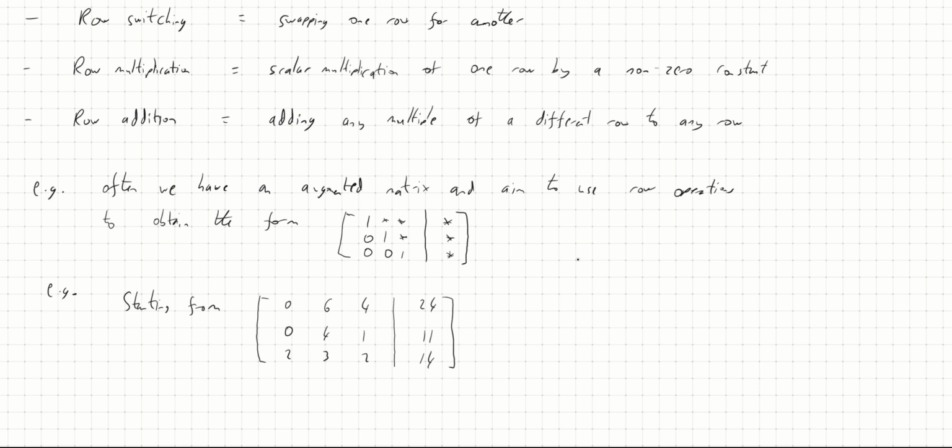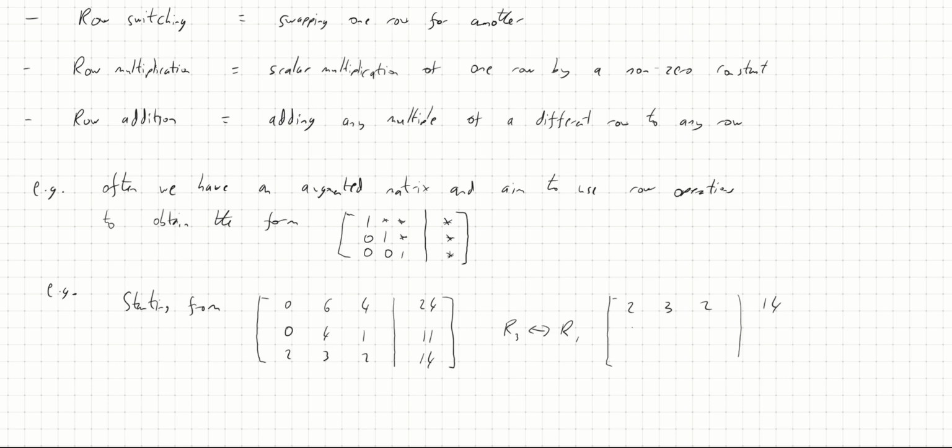So let's switch row 3 with row 1. And we have to do this for the entirety of the matrix, including the augmented part. So now we get 2, 3, 2, and 14 at the top.